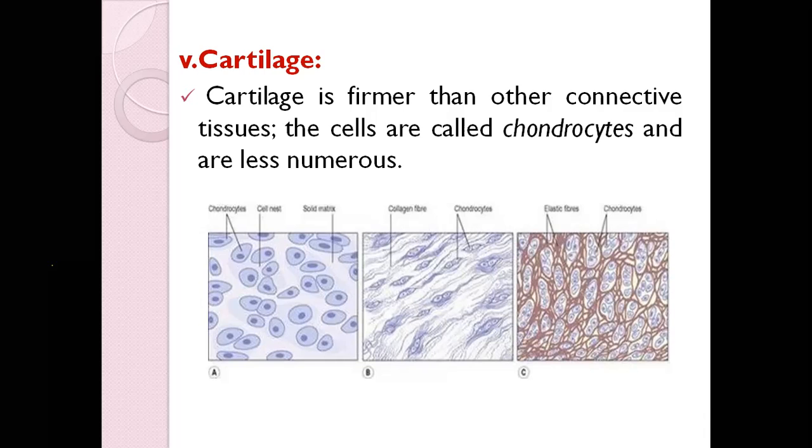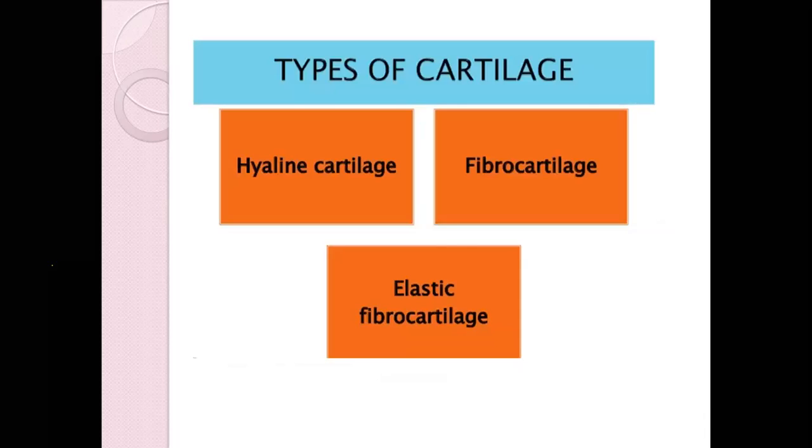They are a bit firm. And in all types of cartilage, the cells present are the chondrocytes. Again, cartilage is divided into three parts: hyaline cartilage, fibrocartilage, and elastic fibrocartilage. So under the cartilage, it is subdivided into three: hyaline, fibro, and elastic fibrocartilage.